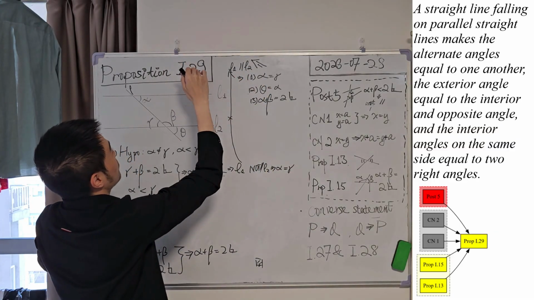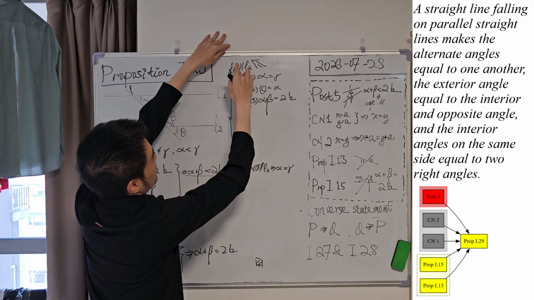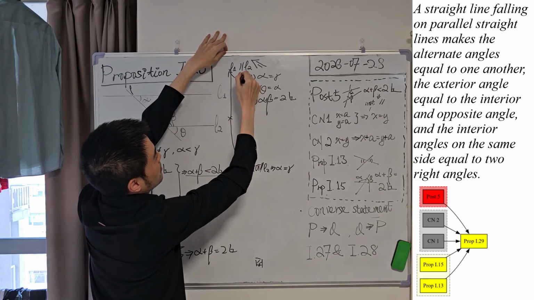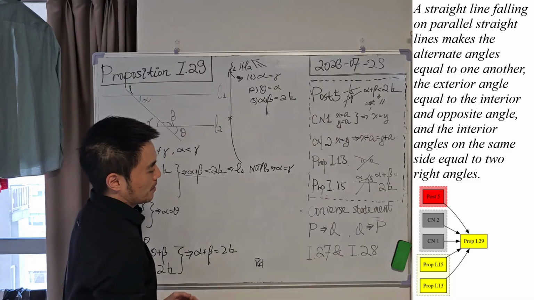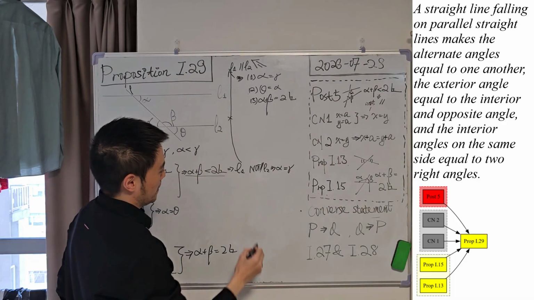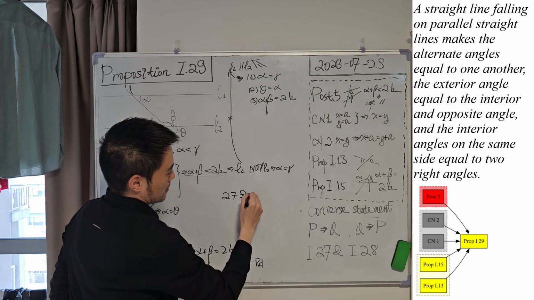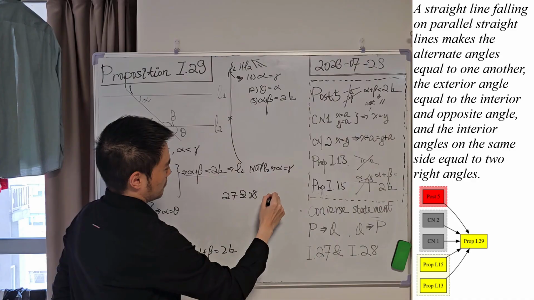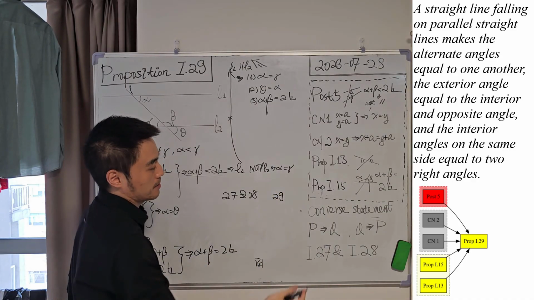And proposition 29 says that if we know that these two lines are parallel, then we can conclude the relationship of these angles. So to be honest, we can say that 27, 28 and 29 are converse statements of each other.